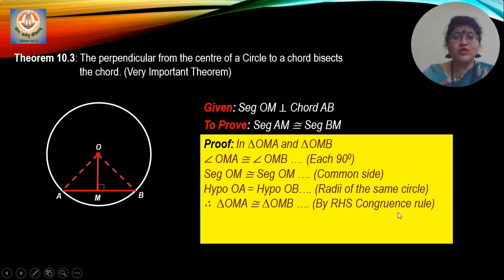RHS, you use it only when the triangle is a right angle triangle and the hypotenuse should be congruent and any one of the perpendicular sides should be congruent. Then the two triangles become congruent by RHS rule. So now let's find out what is CPCT in this. Therefore, AM is equal to BM because they are the corresponding parts of congruent triangles.